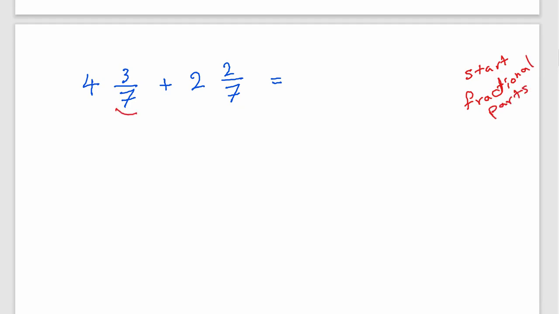So we will add first 3/7 and 2/7, that is 5/7. And then add 4 plus 2, it will be 6. Wow, that's it.